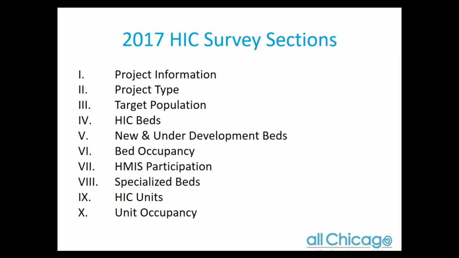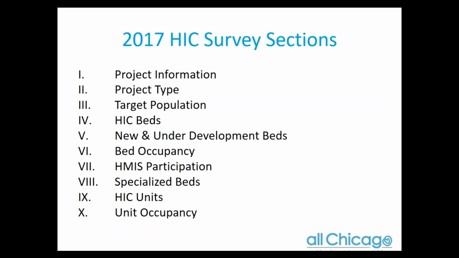On your screen, you'll see the sections for the 2017 HIC. There are 10 sections. It may look a little bit long, but the nice thing is for those of you that have participated in the HIC last year, it looks very similar to last year. So a lot of information will pre-populate, so you'll just be asked to confirm or update the information.